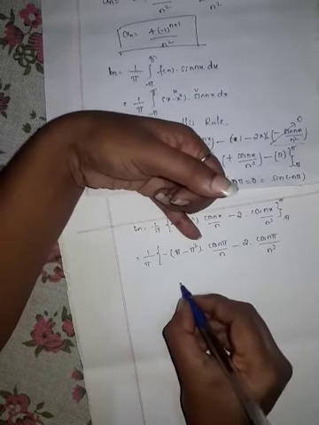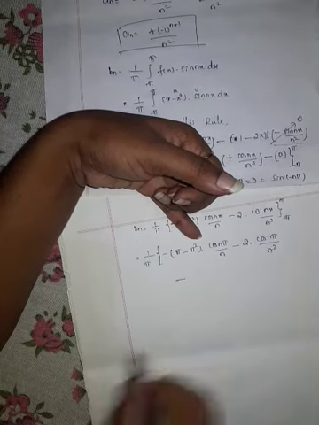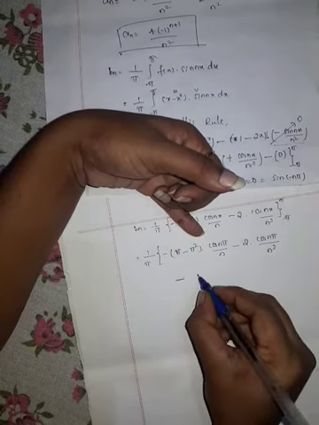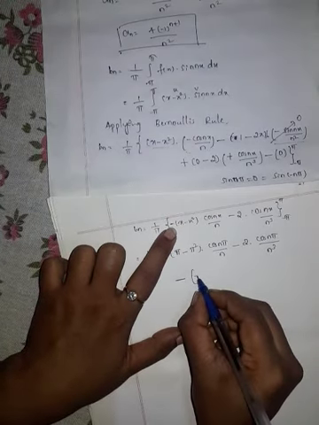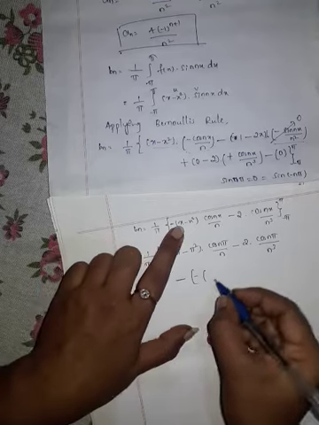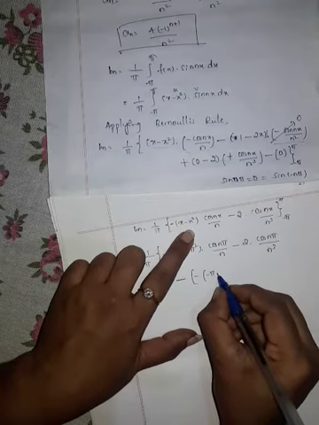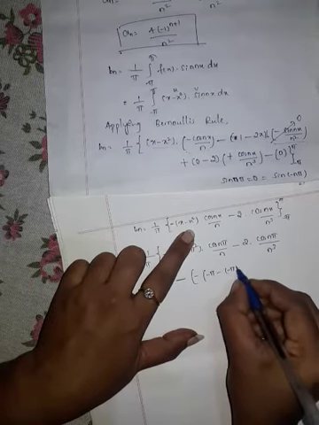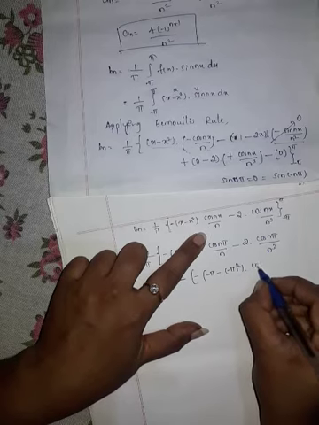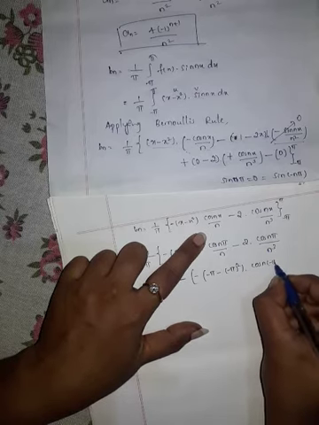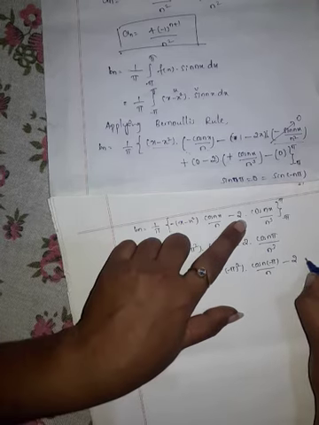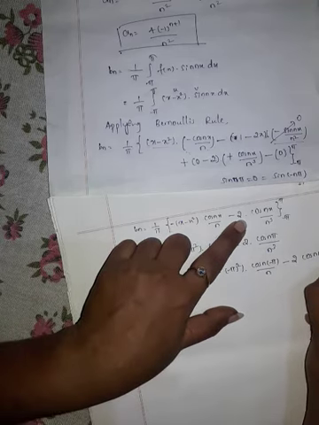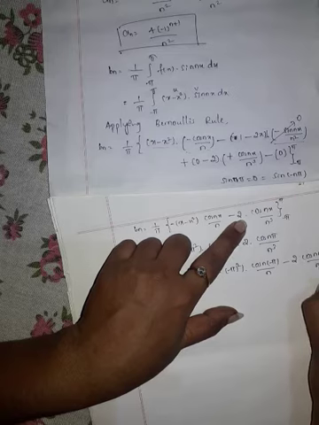Next apply lower limit. So take a minus sign, bracket minus pi. Here you can see you have minus sign. So minus pi minus pi square cos n minus pi divided by n minus 2 cos n minus pi divided by n cube.